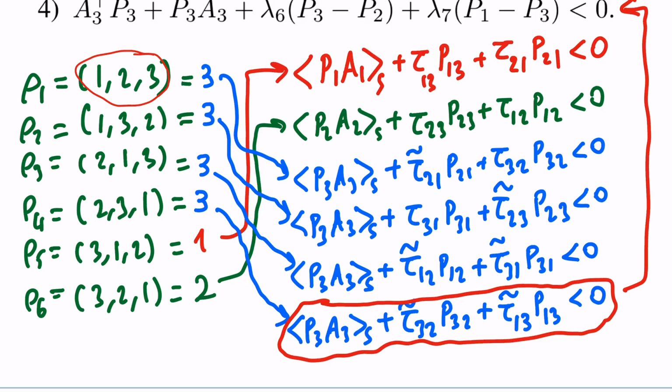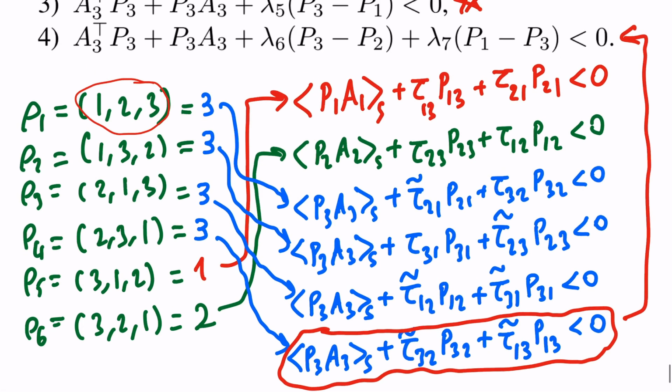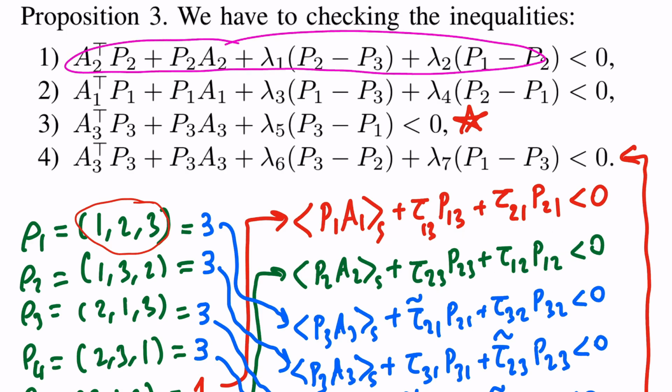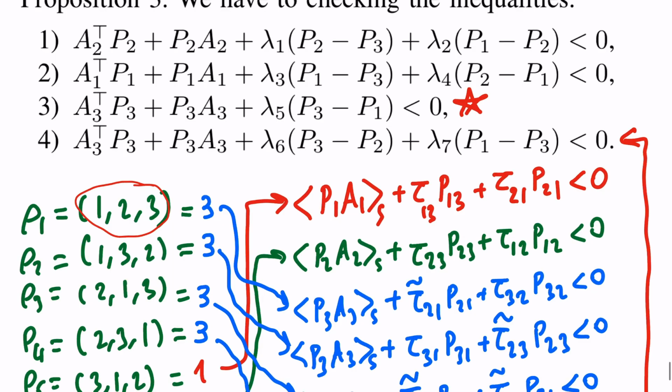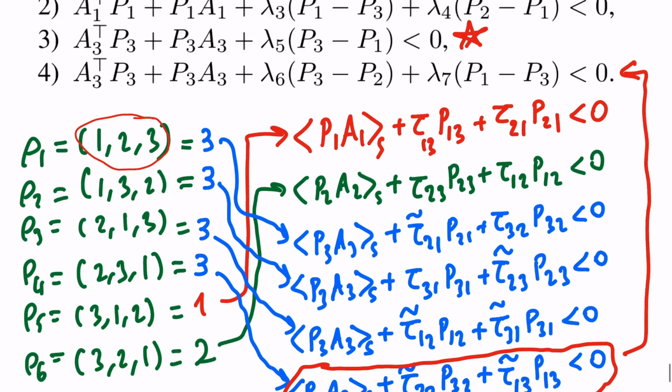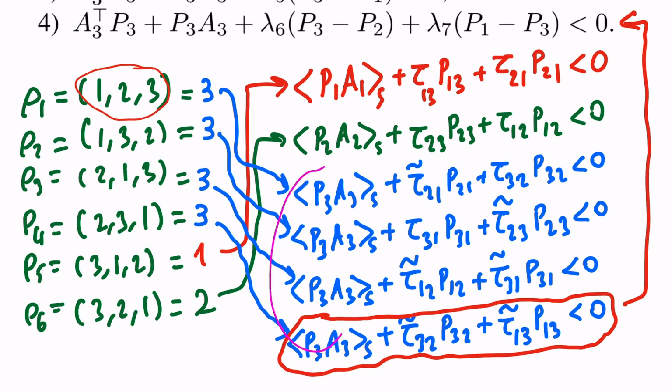Okay, so this term, let's say this is P1, and that one has the same structure. P2, again, has the same structure. Now let's look at the terms that contain P3. We need to have 4 inequalities.